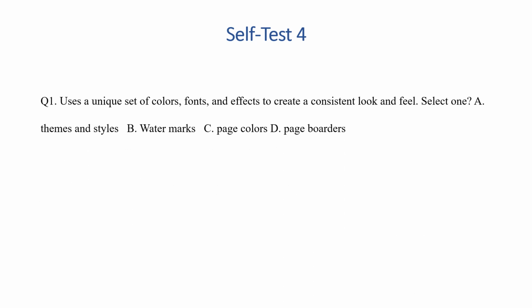The first question is, use a unique set of colors, font, and effect to create a consistent look and feel. Which one should we use? A, themes and styles. B, watermarks. C, page color. D, page borders.